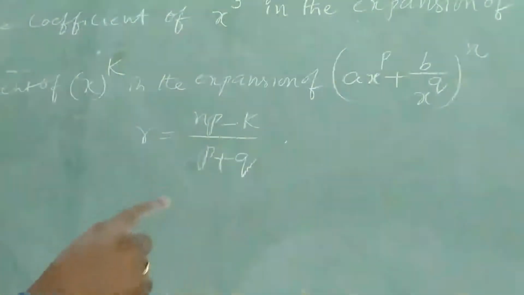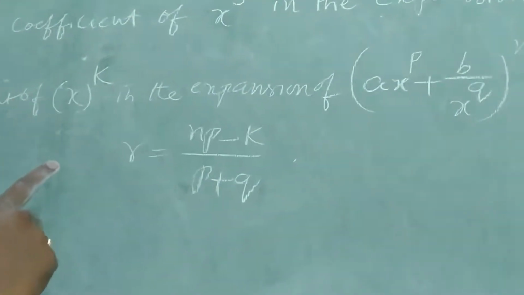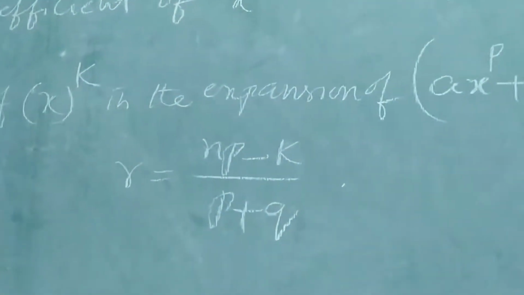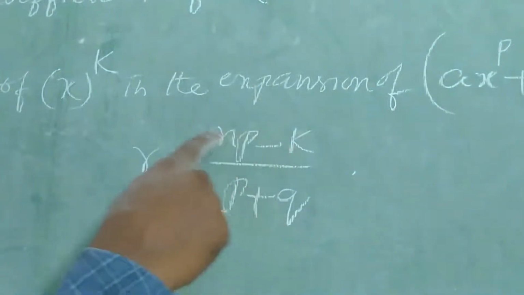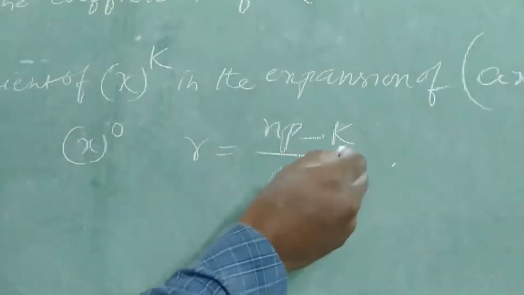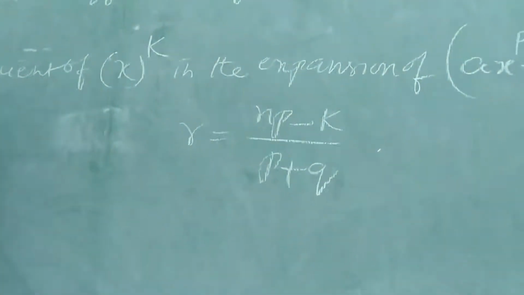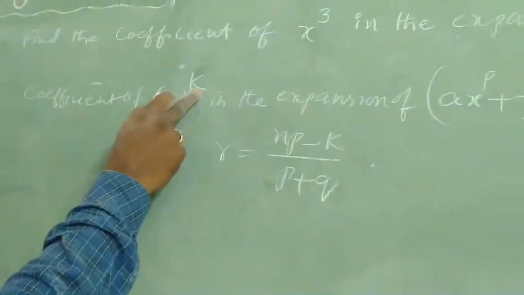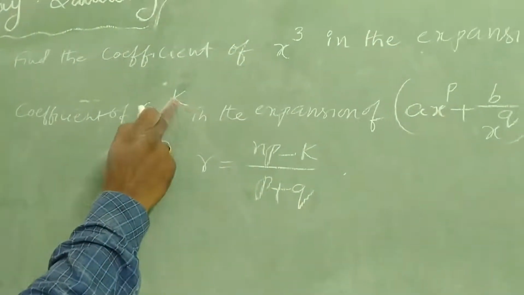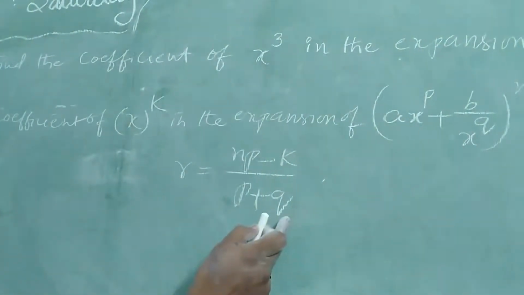One subtle difference from the previous problem: to get the independent term, k is equal to 0 because there is no variable. That is why we had taken k equal to 0. This problem is not an independent term; you have to find the coefficient of x to the power of k. So the r value is (np minus k) by (p plus q).